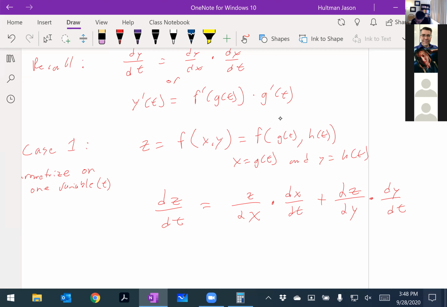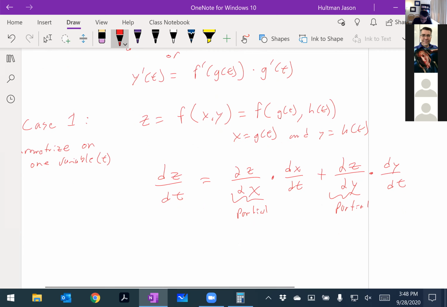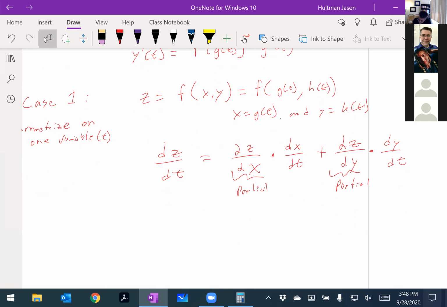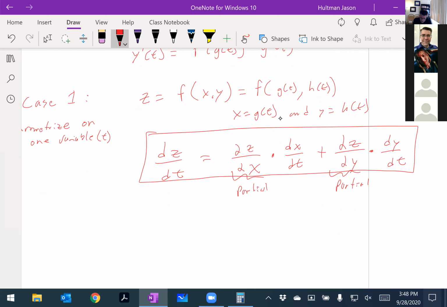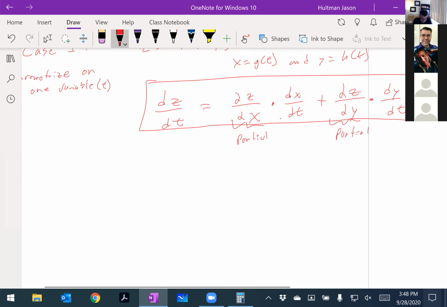I know my d's and my partials look similar, but make sure you know these are partials, and the others are not. They're just straight derivatives. So that's the chain rule for case 1.